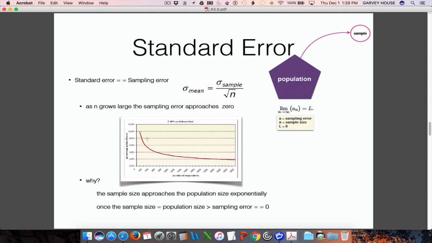So you can see that the curve takes a fairly sharp turn right at the very beginning, and you can see that for very small sample sizes the standard error is really large, and then for large sample sizes the standard error is relatively small. So as the sample size approaches the population size, and it does so exponentially, once the sample size approaches or is equal to the population size, the sampling error is zero.